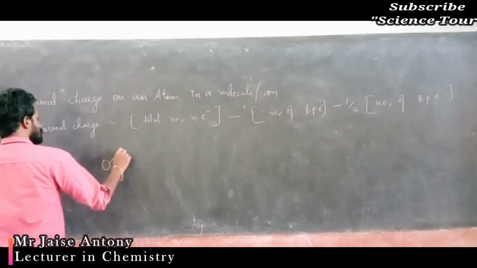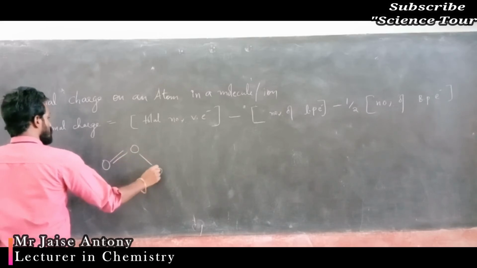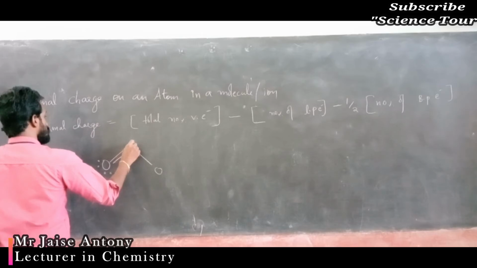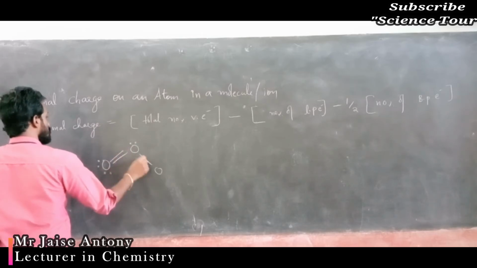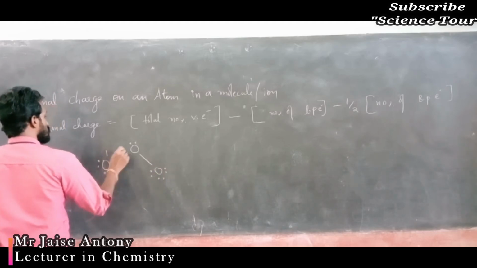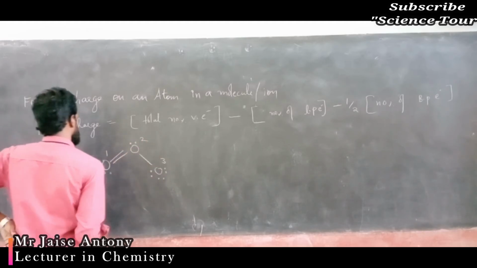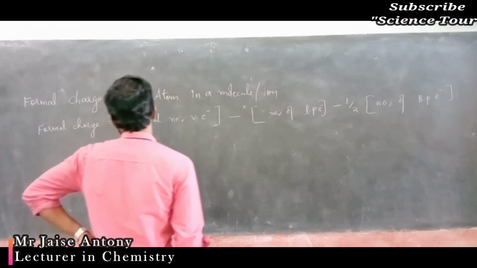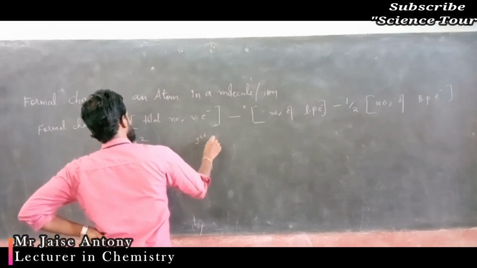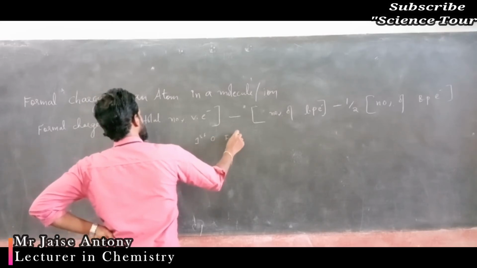Understood? Shared pair of electrons. For example, my dear students, this is an example for that particular formula. If you are finding the first oxygen formal charge, how much?